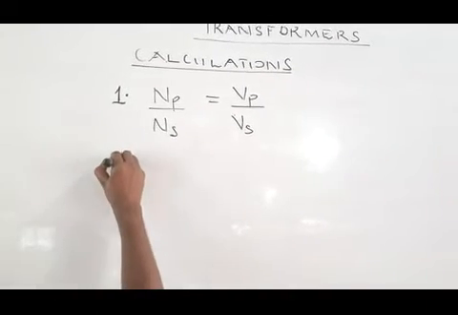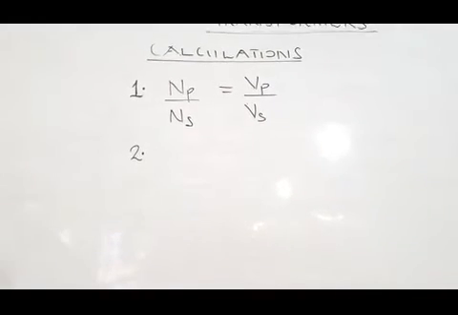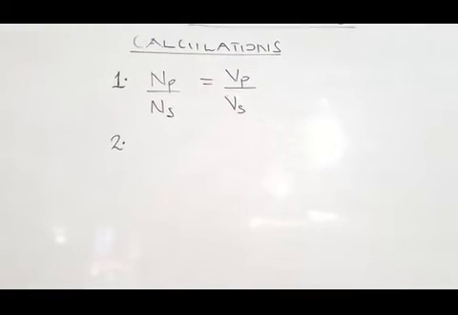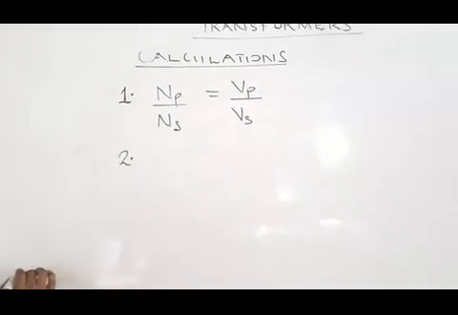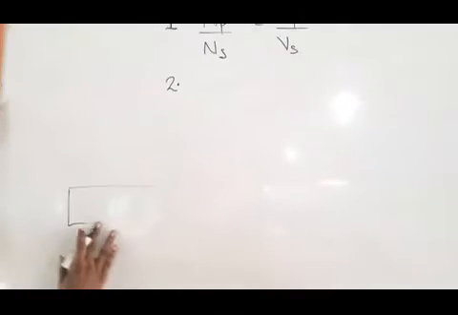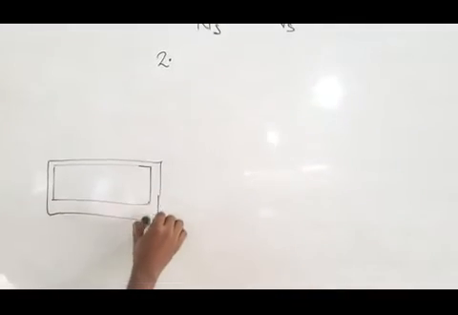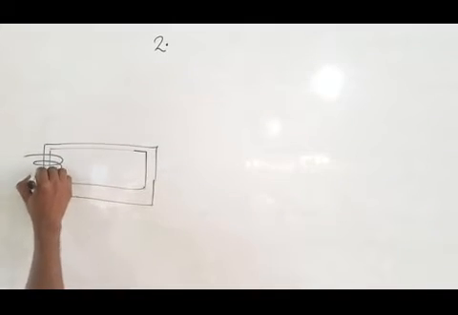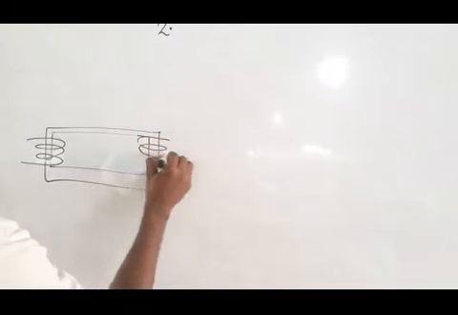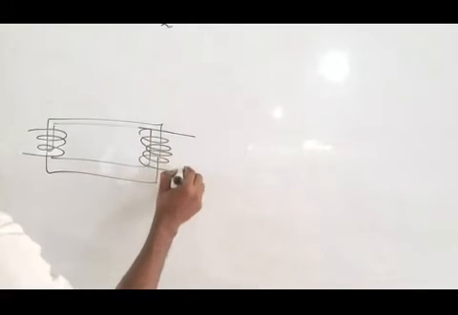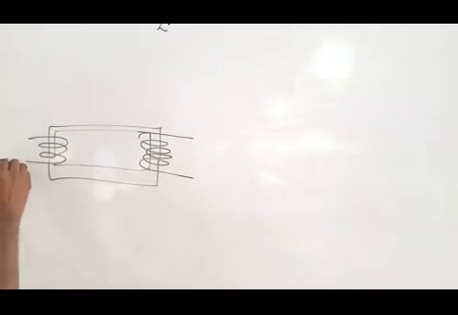Now, let's look at the relation between the number of turns and current. A quick recap of what we looked at. Let's say, for instance, this is a step up transformer. The number of turns here is what we call the NP, primary.